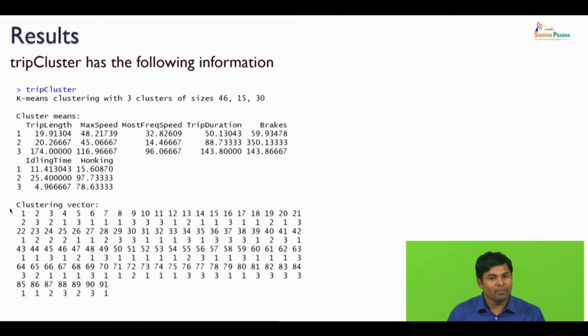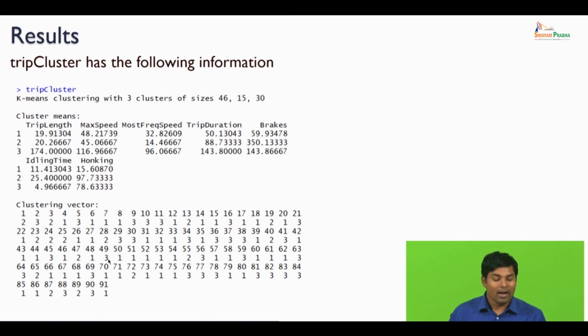The next piece of information that this trip cluster contains is, among the 91 rows, which cluster each row belongs to. For example, the first element, that means the first row, belongs to cluster 2, the second element belongs to cluster 3, the third element belongs to cluster 2, and so on.